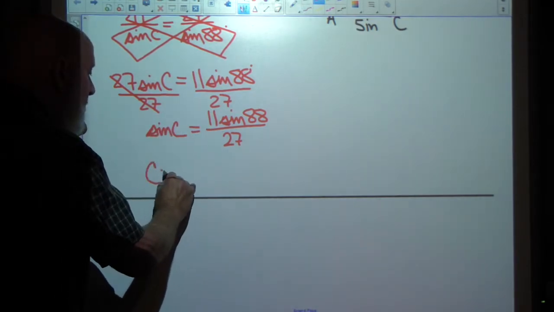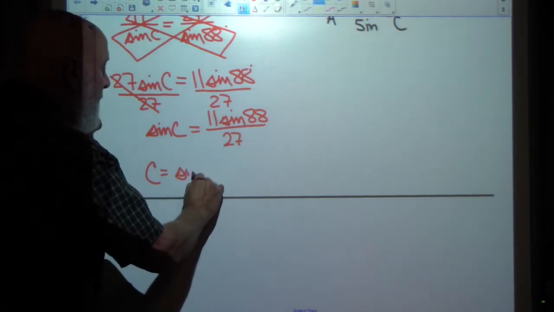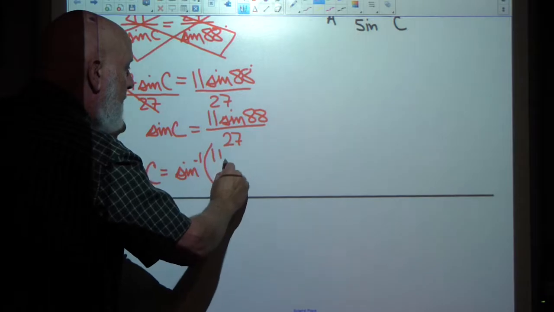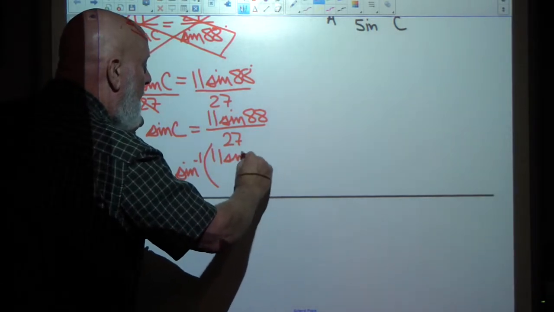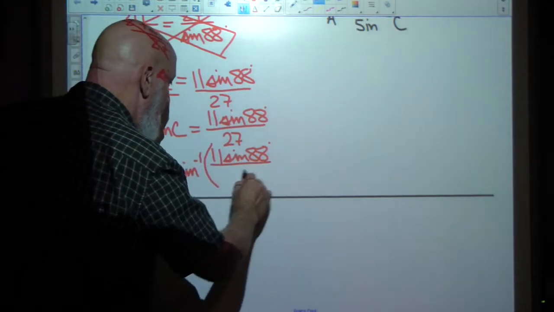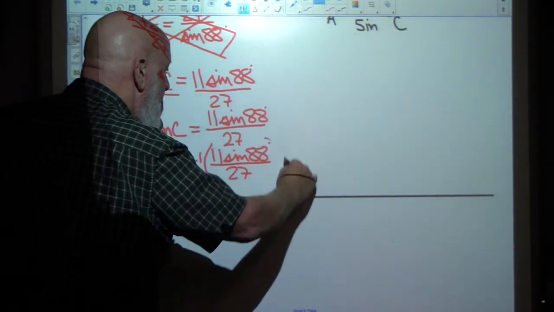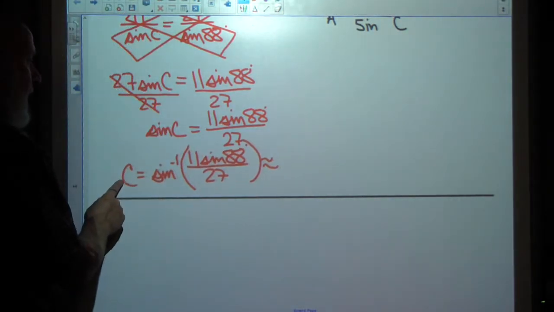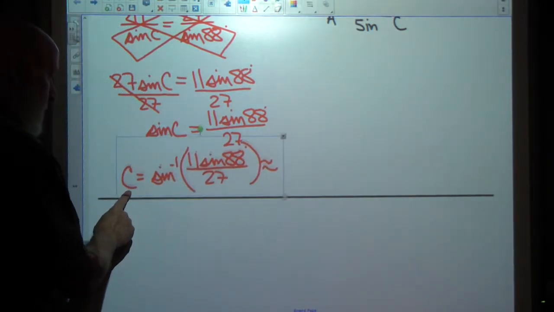This will give me C is equal to the inverse sine of 11 sine 88 degrees, those are degrees, by the way, over 27. And that will equal approximately whatever that happens to equal, providing I haven't made any mistakes.